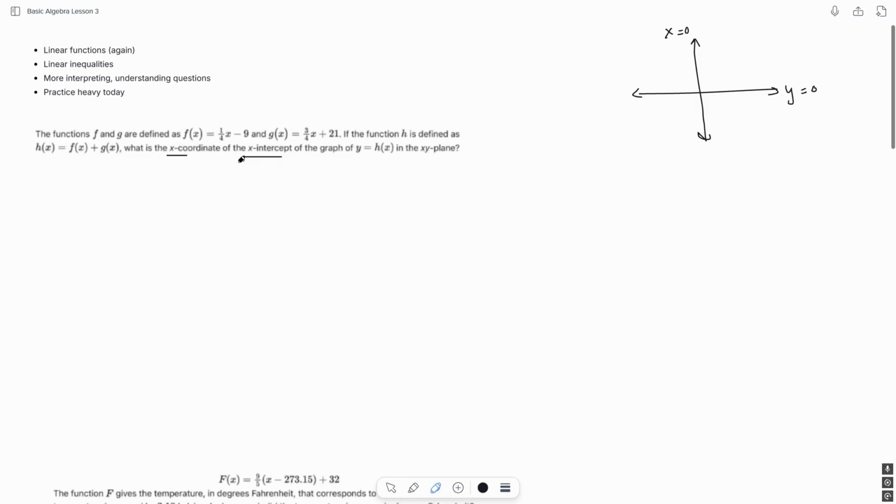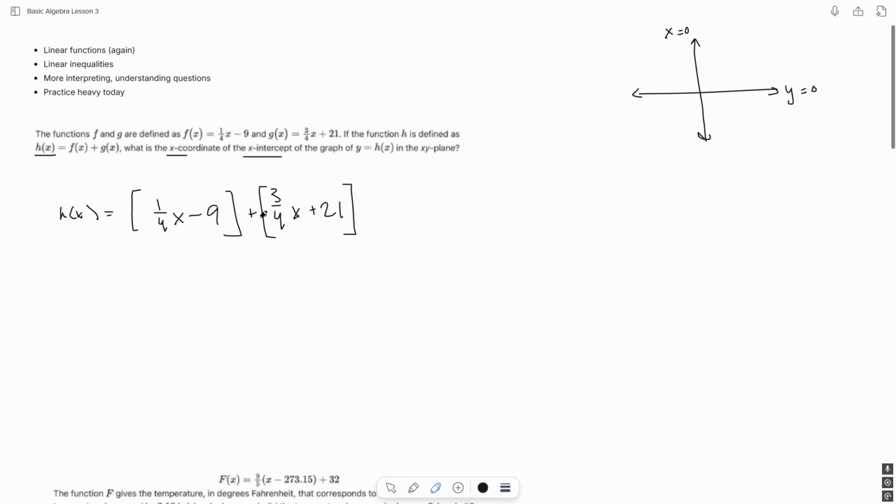So if they're asking for the x-coordinate of this, we first need to find h of x, which we can write as the quantity of 1/4 x minus 9 plus 3/4 x plus 21. And keep in mind that this is a positive, so we always have to take this into account when distributing.